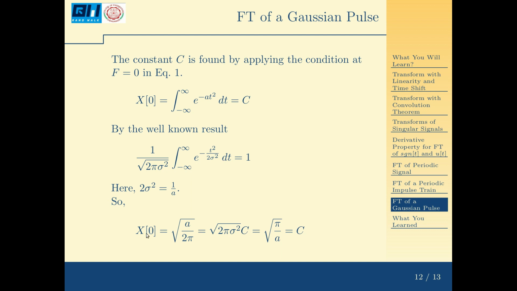So the integral from minus infinity to infinity of e raised to minus t square by 2 sigma square will be root of 2 pi sigma square, which is root of 2 pi by a.